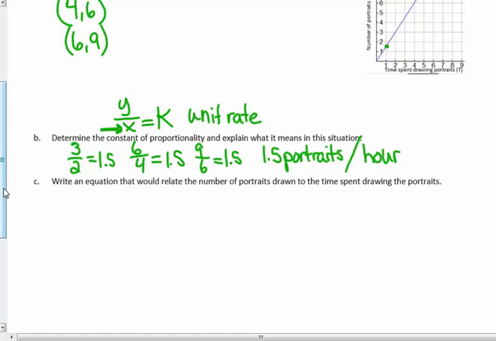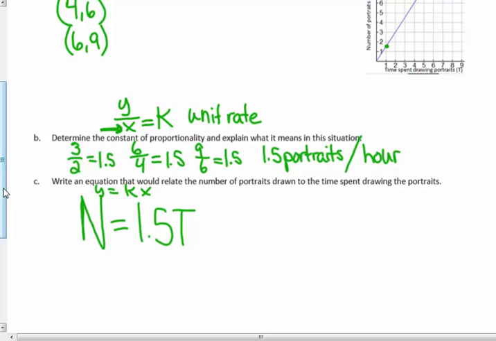So C says, write an equation that would relate the number of portraits. Remember, they called number of portraits N. The number of portraits she makes is 1.5, the constant, times the time, 1 hour. Remember, this is y equals k times x.